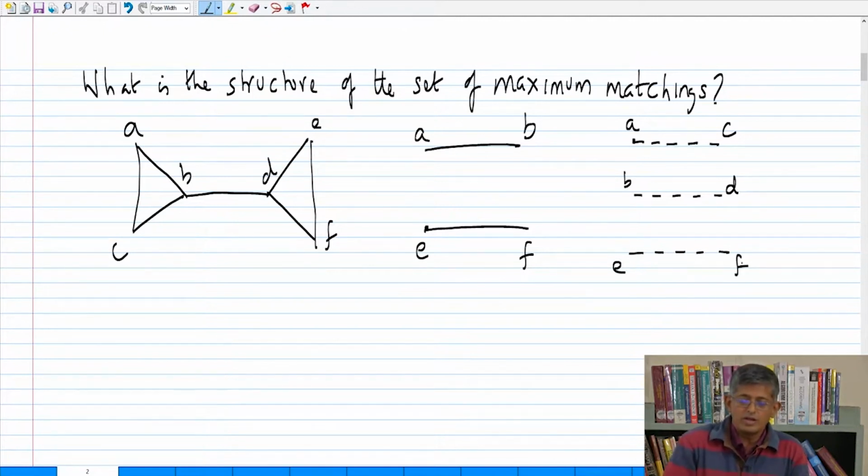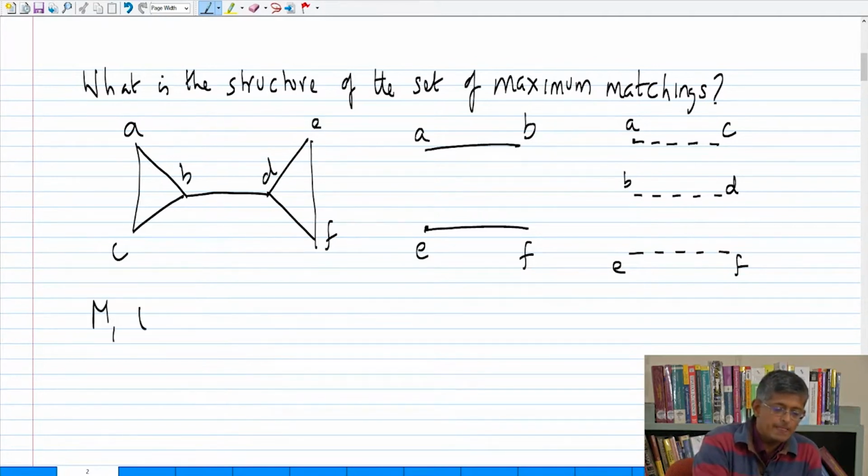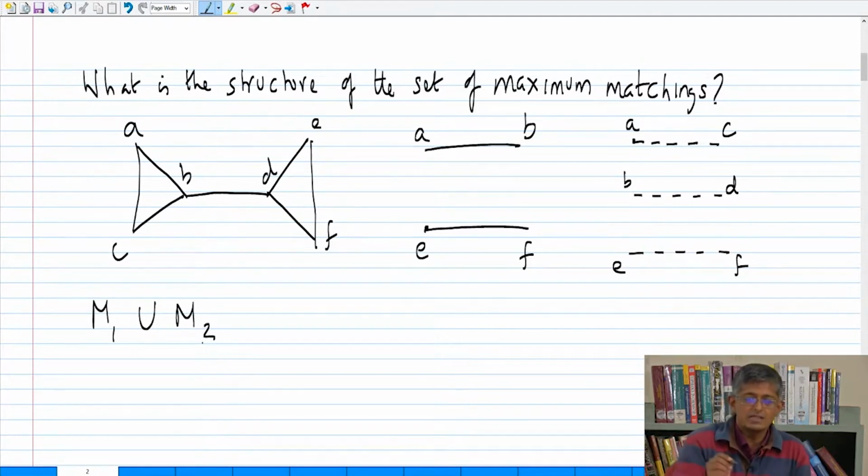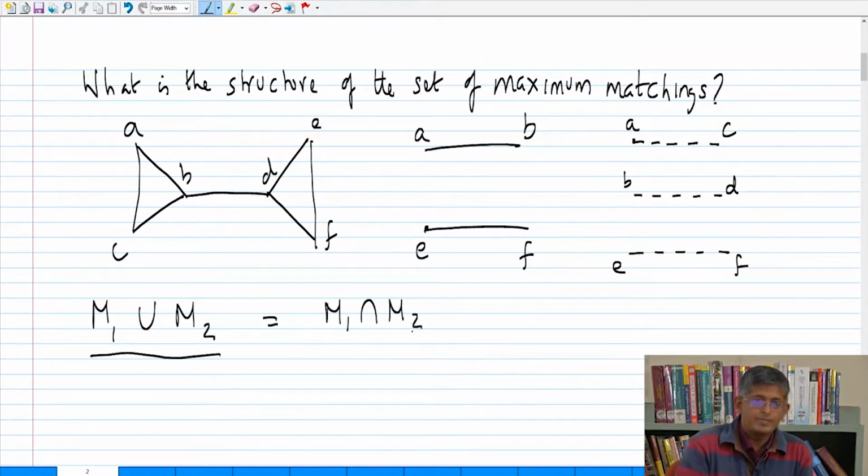What you would have already observed is that if you take M1 union M2, to understand the structure of maximum matchings, if you have a maximal matching and a maximum matching, consider the union of M1 and M2. The union of M1 and M2 can be thought of as the edges which are common to both of them and the edges in the symmetric difference of the two of them.